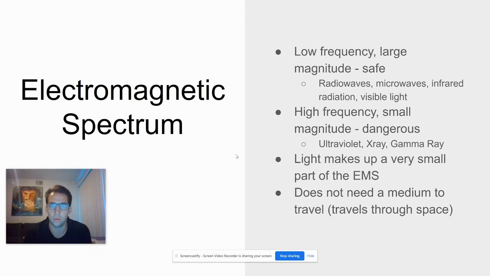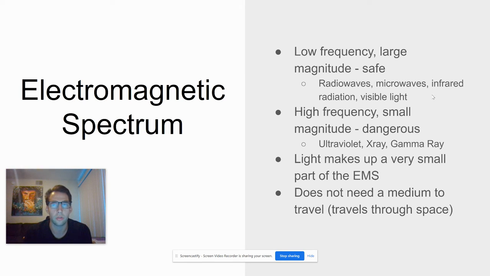So let's talk about some characteristics. Low frequency, large wavelength means that they're going to be safe. So radio waves, microwaves, infrared radiation, visible light. As you get farther into infrared, there are some dangerous infrared, as we'll see. Then if something is too bright, too much light, that can also be dangerous.